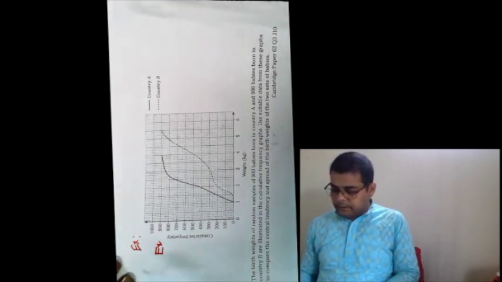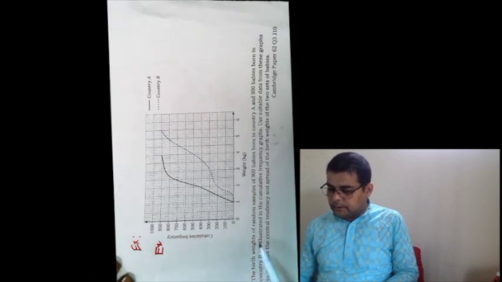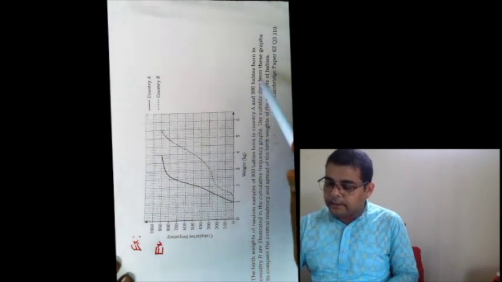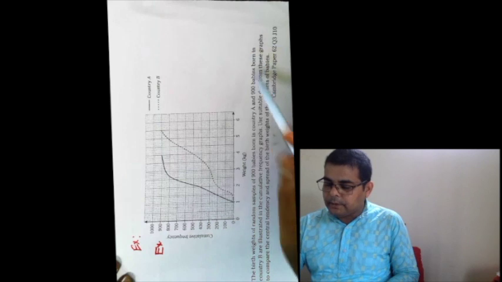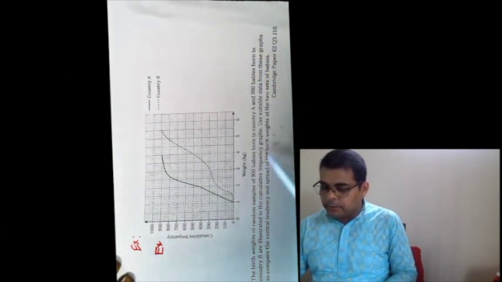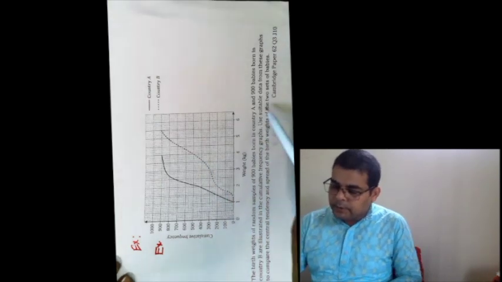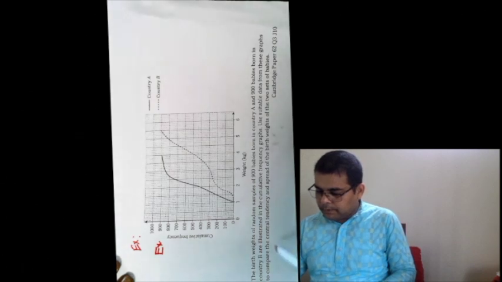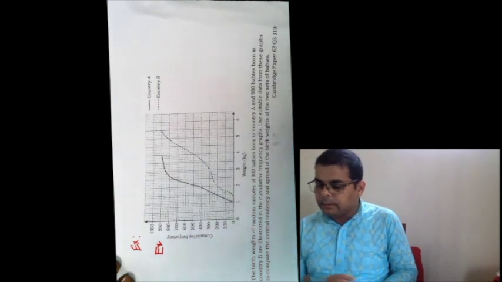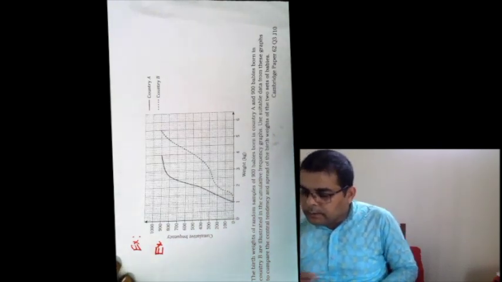The problem states that the birth weights of random samples of 900 babies born in country A and 900 babies born in country B are illustrated in the cumulative frequency graph. Use suitable data from these graphs to compare the central tendency and spread of the birth weights of the two sets of babies.